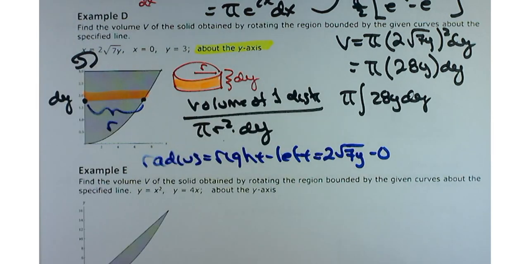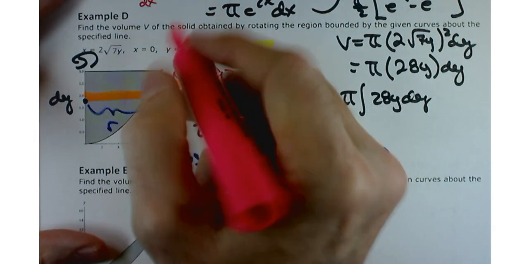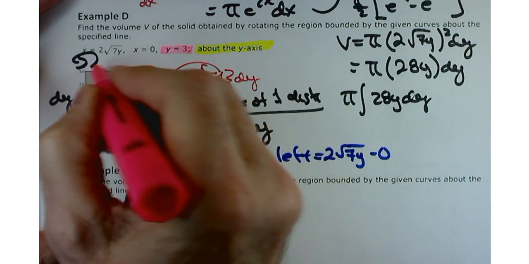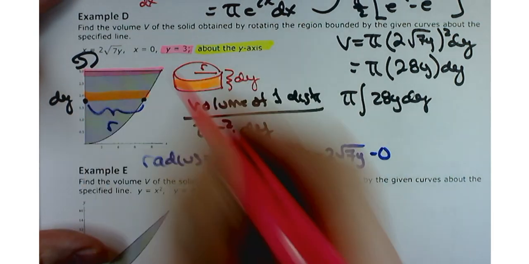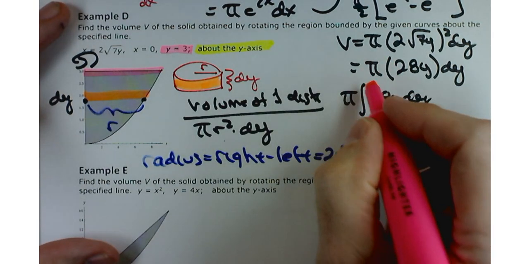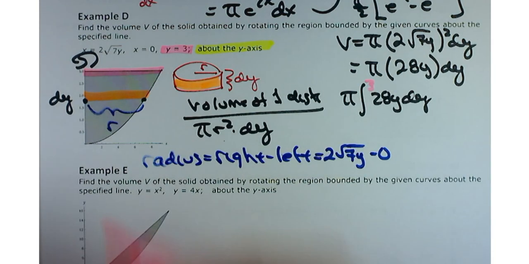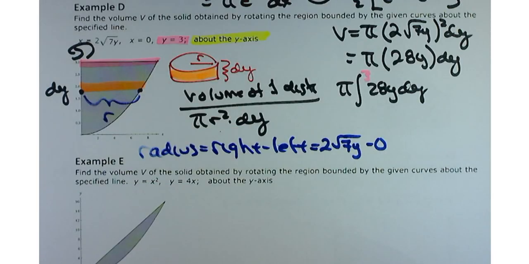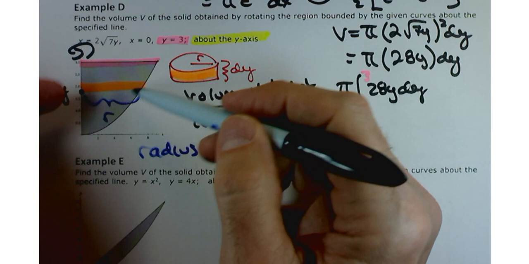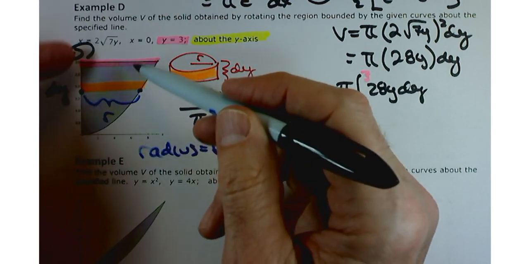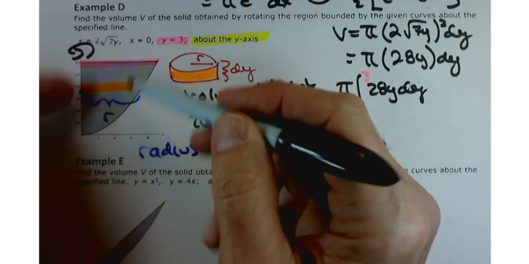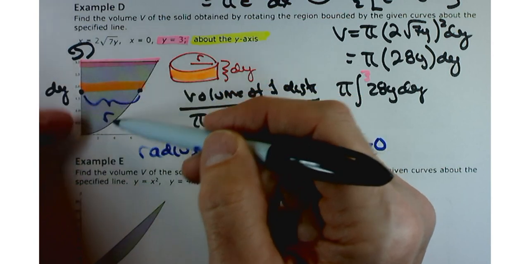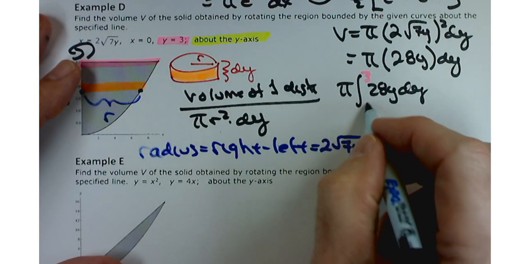They gave you up at the top here that one of the bounding functions is y equals 3. So that's going to be our upper limit. The lower limit comes from the fact that the smallest value of y for which you can still be in this region is 0. You can take the dy slice all the way down to 0. So 0 to 3.